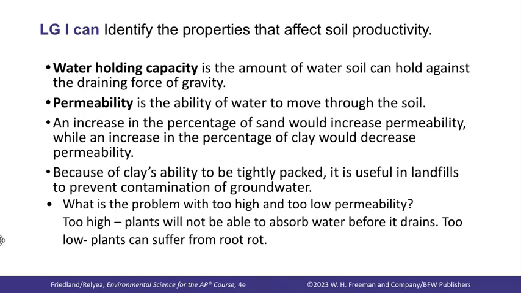That's when there's too much water in the soil and the microbes start to decompose the roots. So we call this root rot, and that is not good as well. It's one of the reasons why if you have a potted plant at home, you have to have holes in the bottom to drain the water out, or you can water it too much and the roots can rot inside the pot.